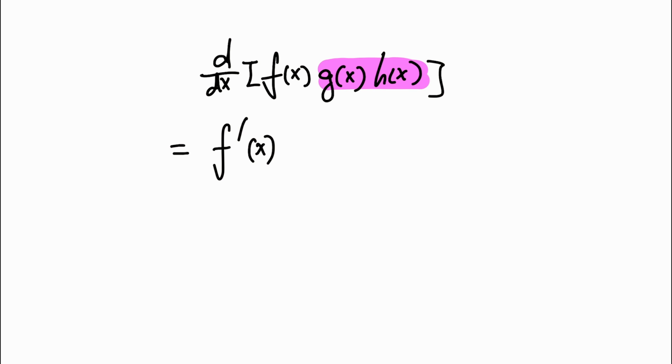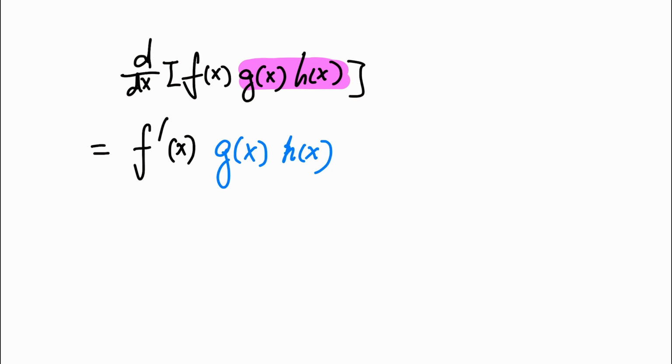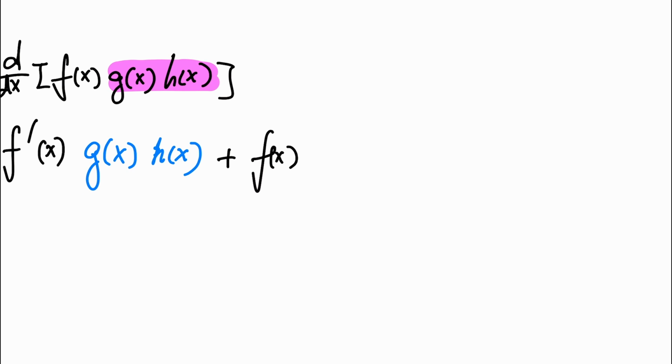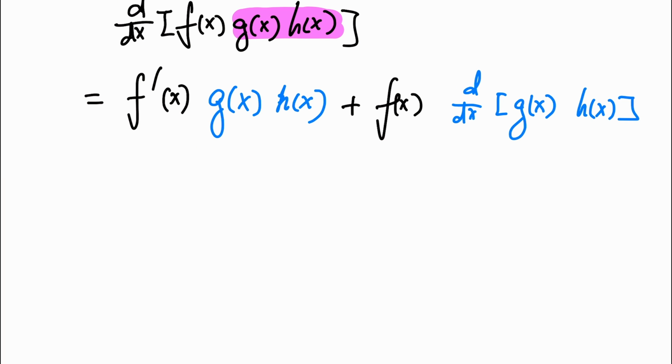You can consider this as one pack, and we need to add f of x times the derivative with respect to x of g of x times h of x, like that. The first part is already done.